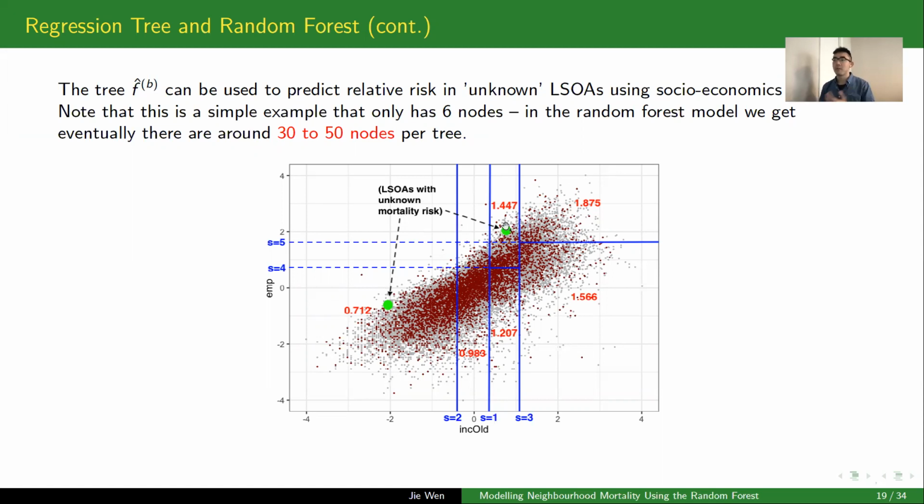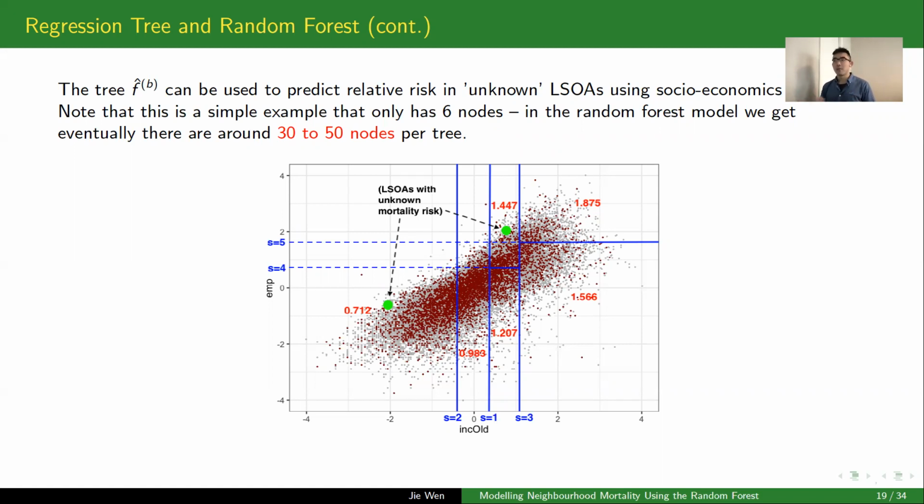And yeah, it is quite straightforward to make a prediction for any new observations that we don't have enough information on. Another important thing to mention is that this stylized example is a very simple example, which has only 6 nodes within this tree.